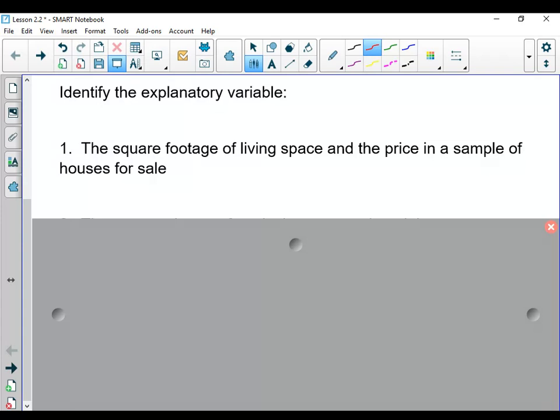Which of these two things do you think would be the explanatory? In other words, which one would affect the other? Would the living space affect the price? Would the price affect the living space? I think the square footage of the living space. Yeah, probably how big the house is affects how much you're going to be able to sell it for. So in this example, probably the square footage would be our explanatory variable.